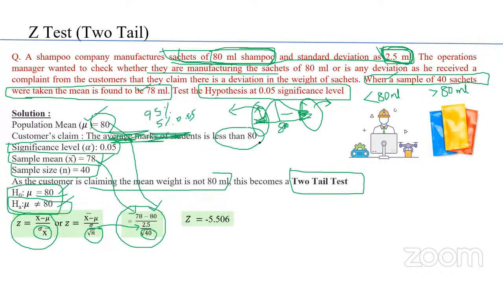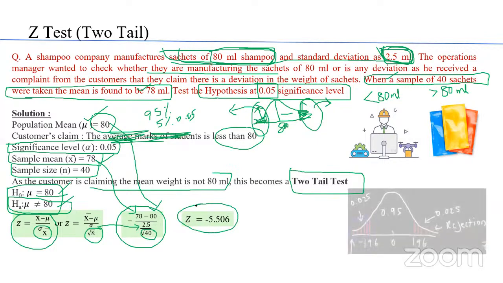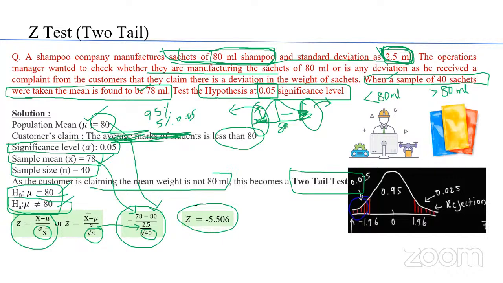As you're trying to test this value at the 0.05 significance level, this is the calculated value, called the Z statistic. And if you see, the table value is going to be like this. 95% of the data should be lying here, which is considered to be a good sample for 80.